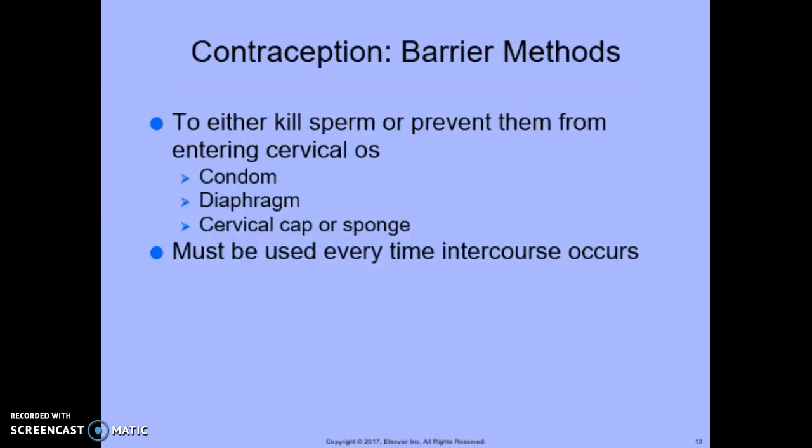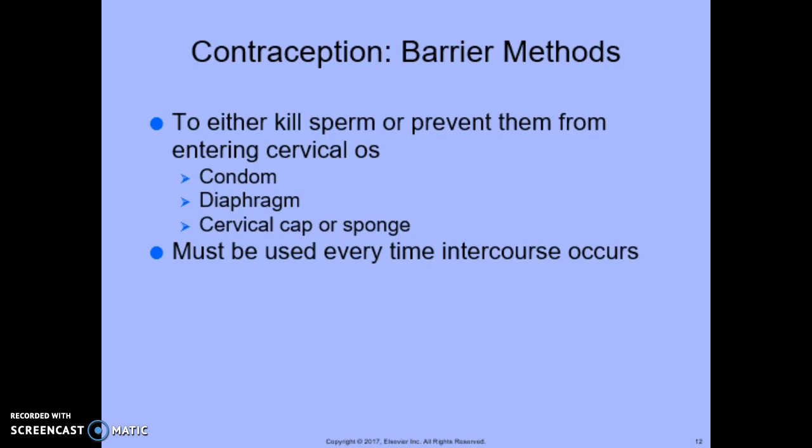Now we're going to talk about contraception, also known as barrier methods. So contraception is built to either kill sperm or prevent them from entering the cervical os. We're looking at those condoms, diaphragm, cervical cap or sponge, and these must be used every time intercourse occurs.